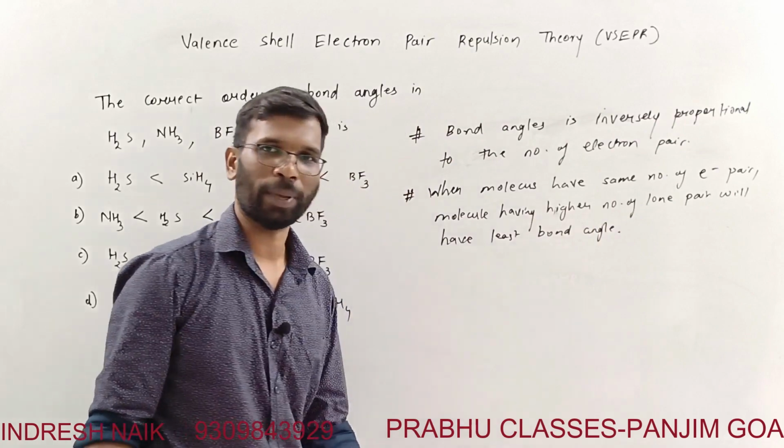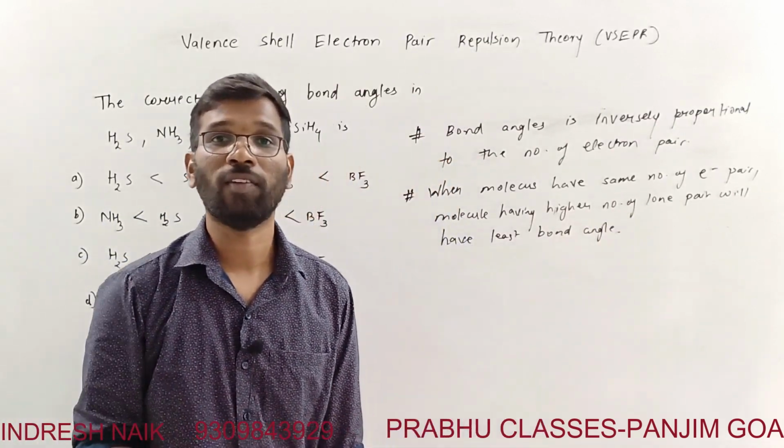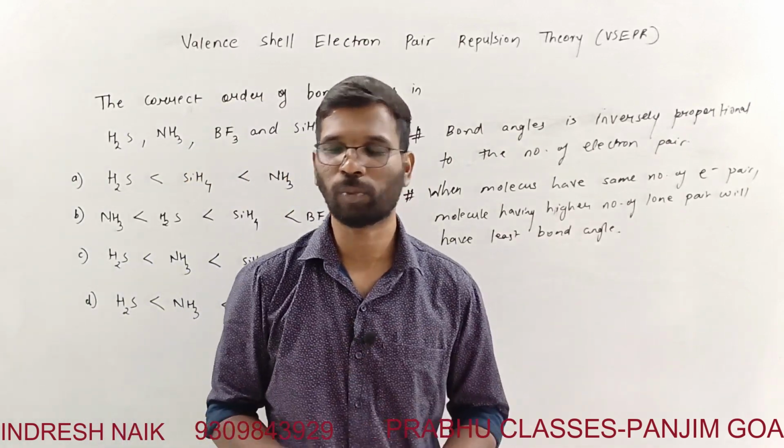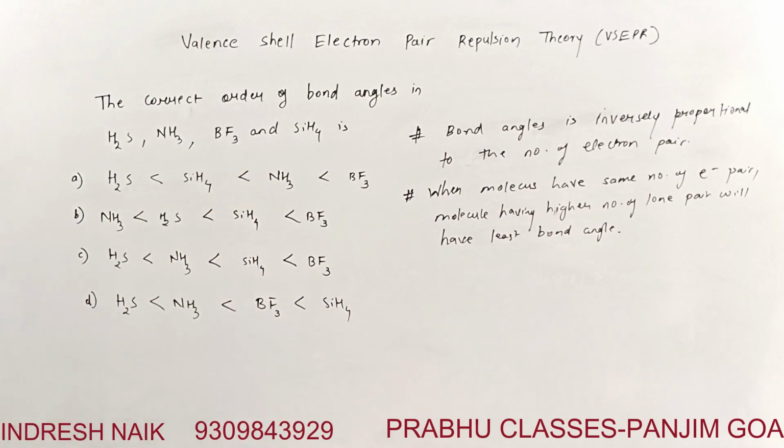Okay, when the number of electron pairs is the same, at that time we will consider the one in which there are more lone pairs. In that case, the bond angle will be less. Okay, mark these rules and we'll solve this question.